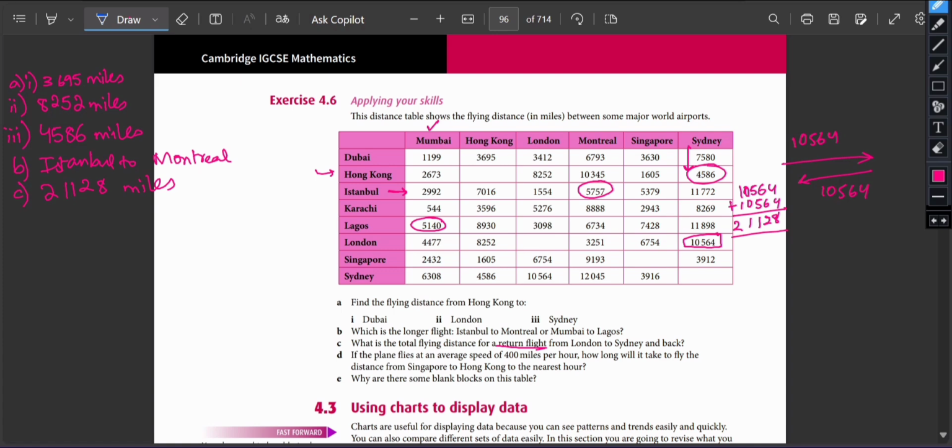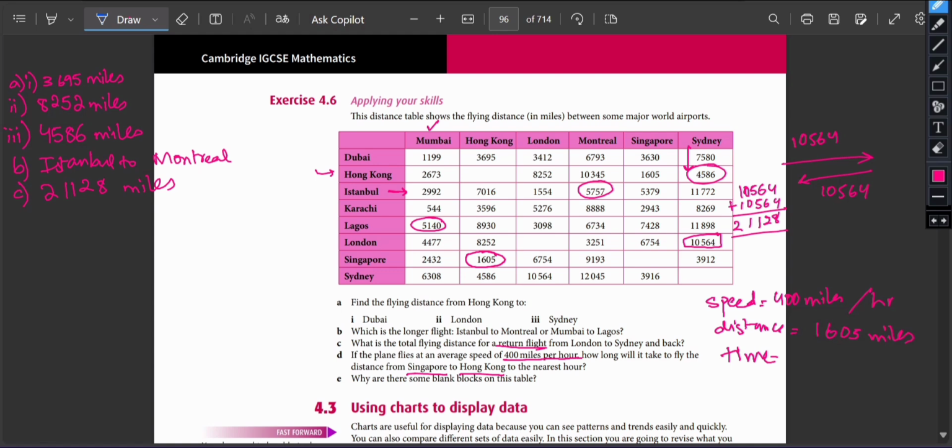D. If the plane flies at an average speed of 400 miles per hour, how long will it take to fly the distance from Singapore to Hong Kong to the nearest hour? Now they have given us the speed. Speed is 400 miles per hour. And how long will it take to fly the distance from Singapore to Hong Kong? Singapore is over here to Hong Kong. It's going to be 1605. So the total flying distance is going to be 1605. And now we need to find the time.